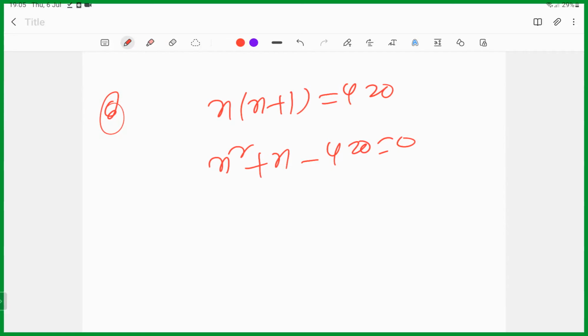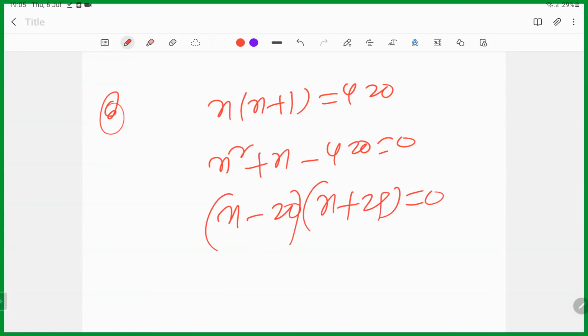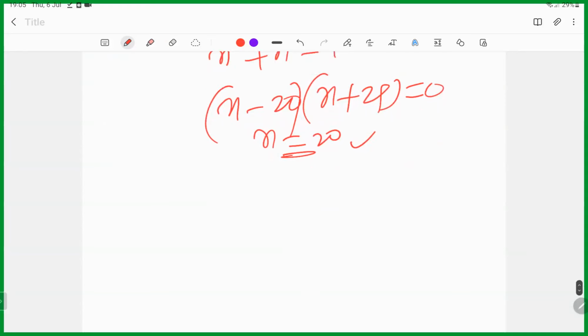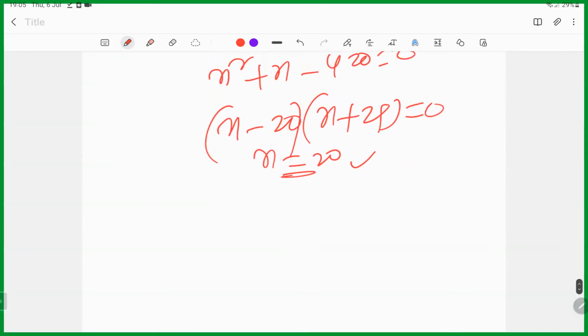Is that 20 and 21 or something else? 20 and 21, right? So it is n minus 20 into n plus 21. So n equals 20. You should take the positive value. Okay, next sum, seventh one.